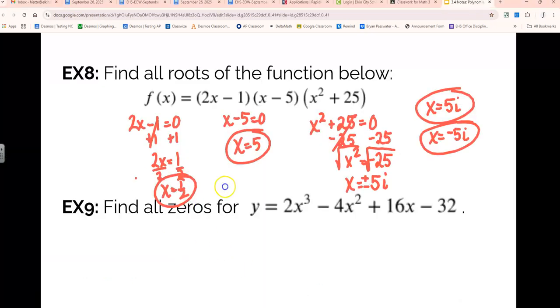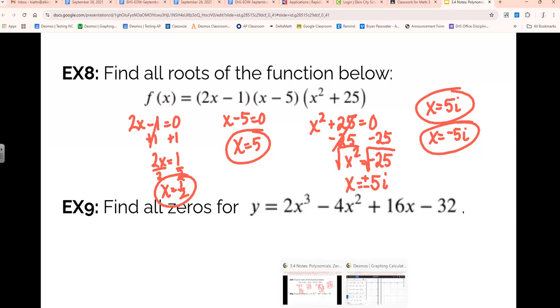So, going back here, example 9 is going to be our most difficult problem because number 9 is not factored for us. So since 9 is not factored, we are going to have to factor that by hand and use long division to do so. However, our graph can help us some here because we can find real zeros with our graph.